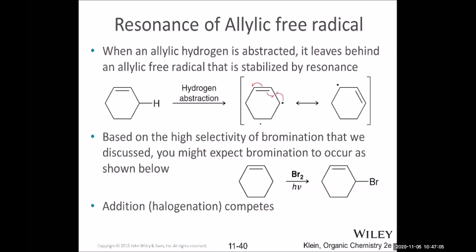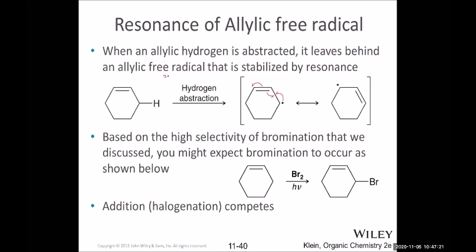The reason is the resonance, and you can see this bond energy is very low. Once you lose the hydrogen through the reaction with radicals, there are quite a few.